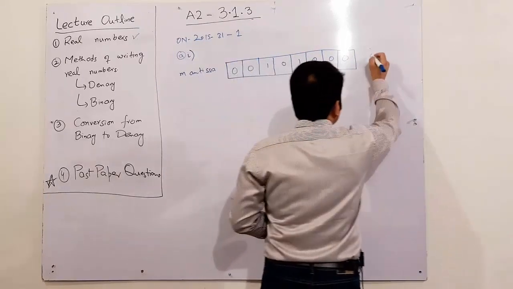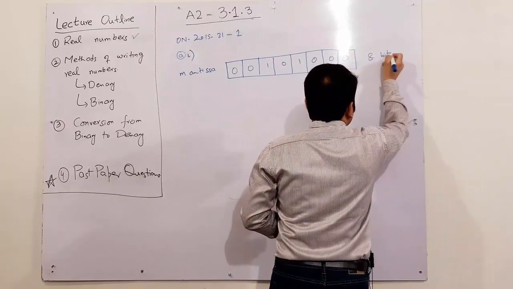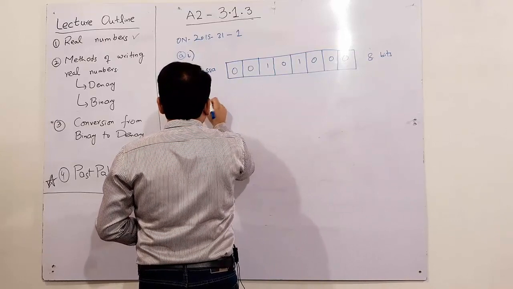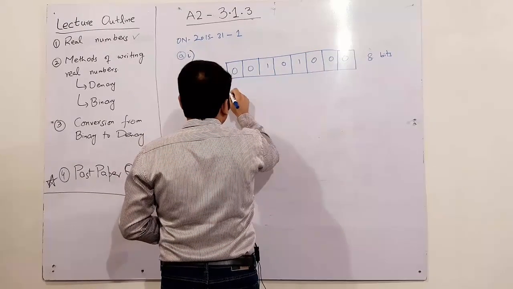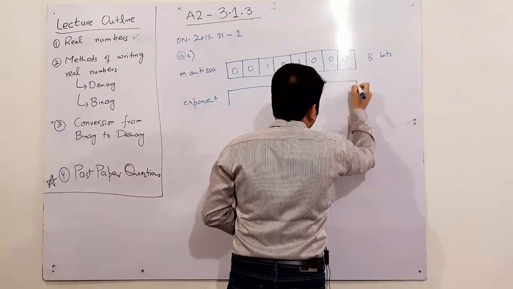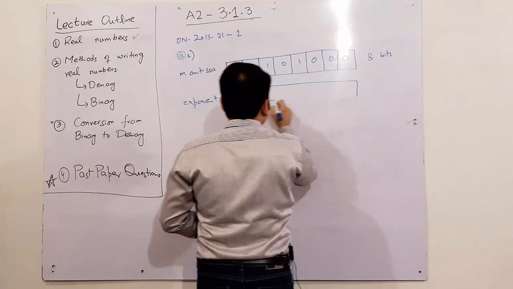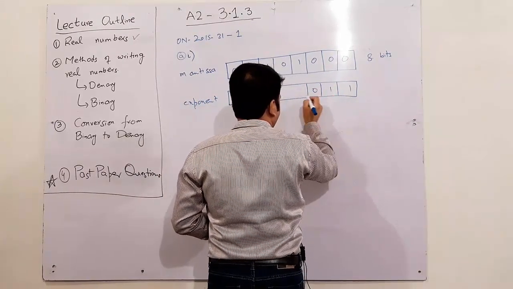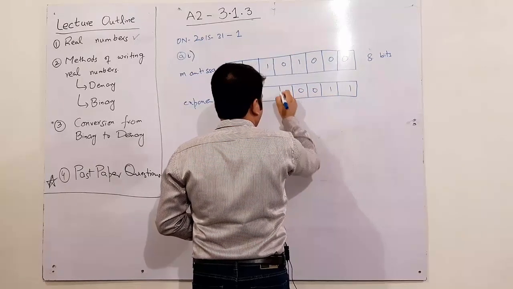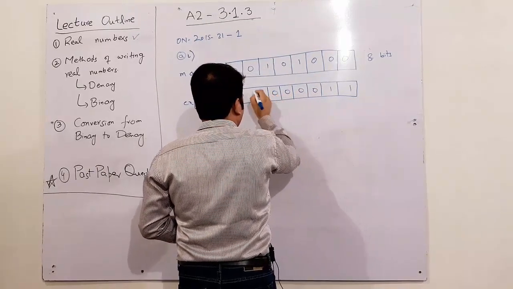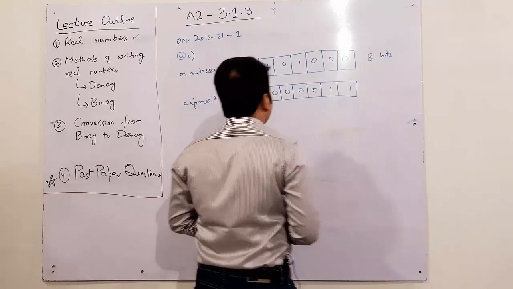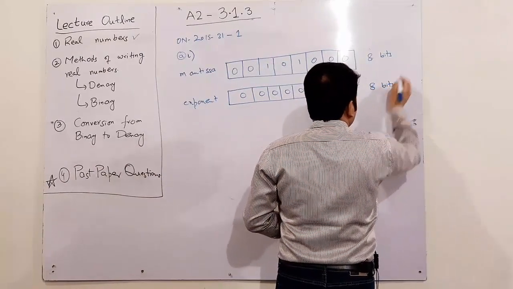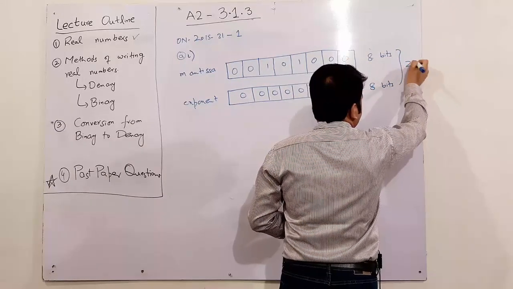So the Mantissa part is of 8 bits, whereas the exponent part is also of 8 bits, and both of these are in their 2C form.